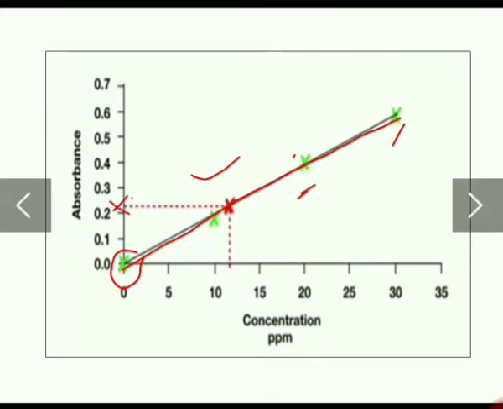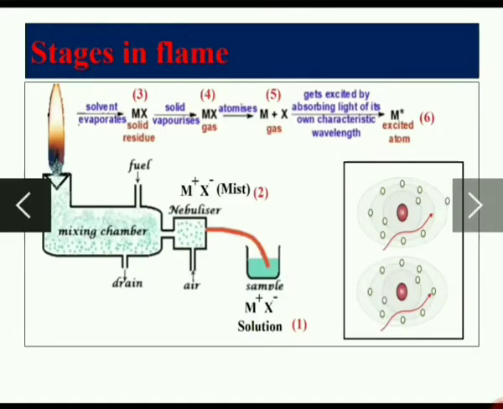You have to plot this absorbance here, then join the line to the curve and extrapolate it to the concentration. We get the concentration of sodium in the unknown sample.